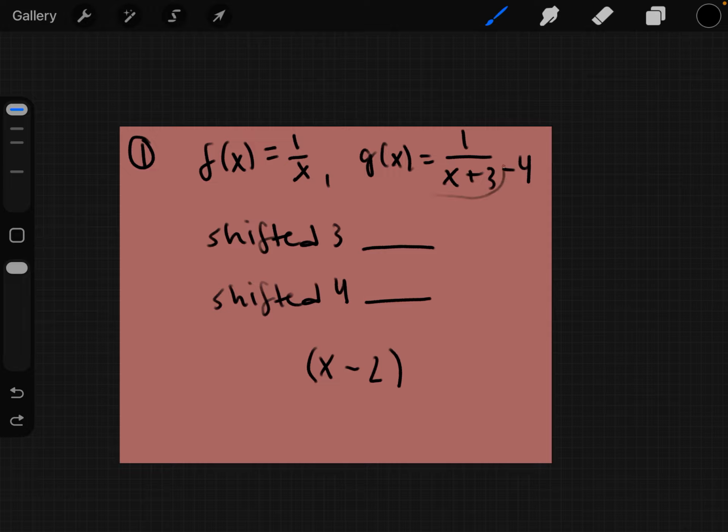So there's a positive, it's actually going to go to the left. And then when it's on the outside, it does what it looks like it does, and it goes down 4 units.